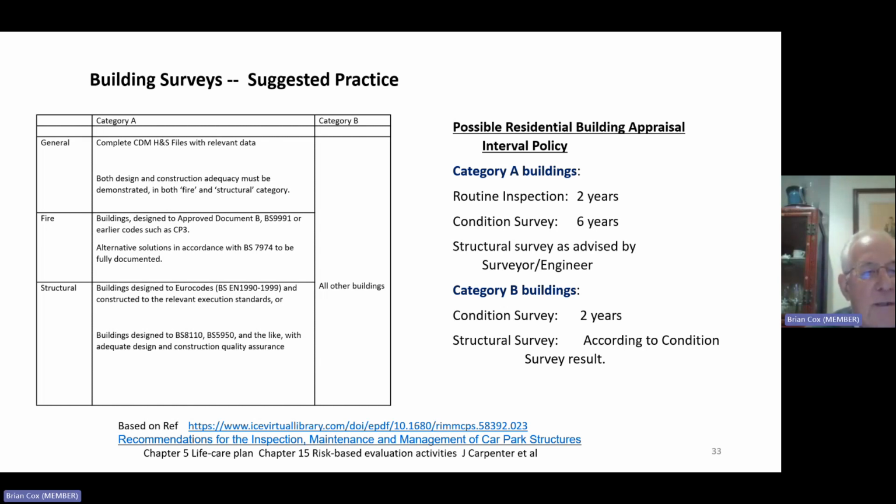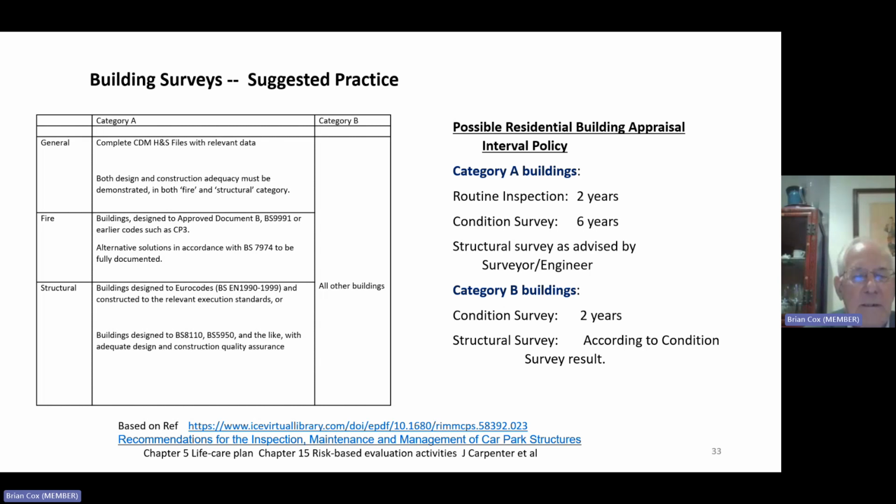So on the fire side, perhaps CP3 or BS 7974, or structurally it's a Eurocode building. And category B is a building which is not designed to any current structural code or anything we know about, probably older buildings.